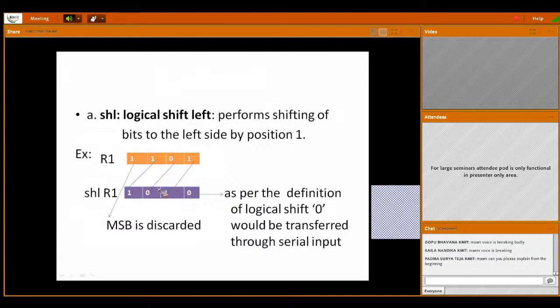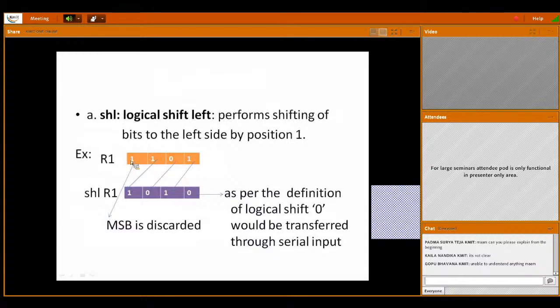So this LSB will come to the next position, and the data just before the MSB place will come to the MSB position after applying the shift. The original MSB bit is discarded in case of SHL.